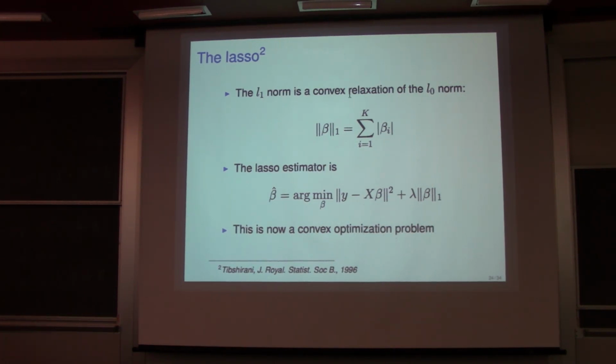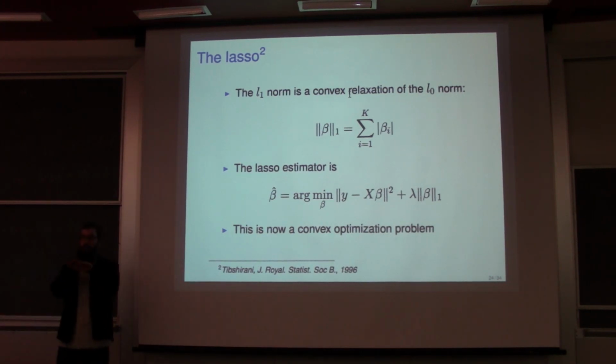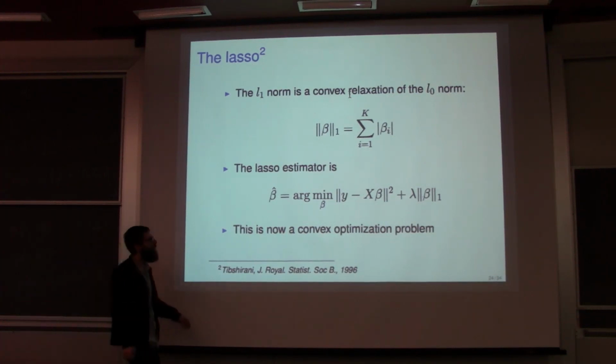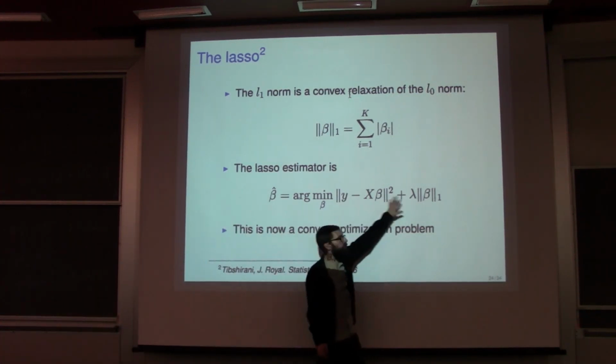And what do we mean by convex relaxation, by the way? What we mean is you're taking this very non-convex thing, which is like a threshold, it's either 0 or it's 1, and then I'm making it a convex function. So the absolute value is a convex function, and convex functions are much easier to optimize. And so we're now adding together 2 convex functions.